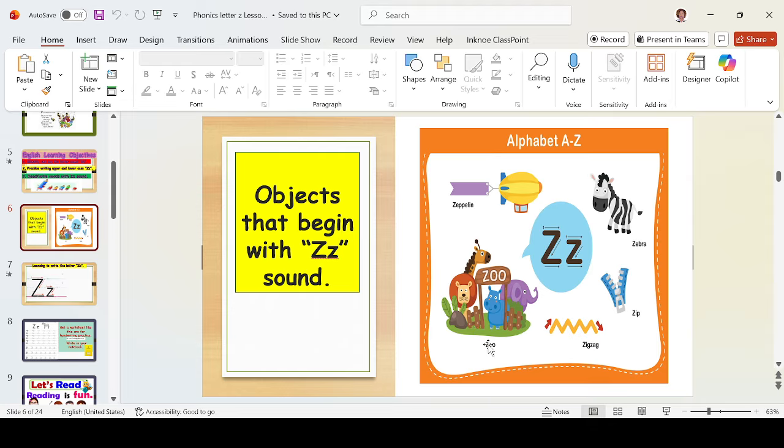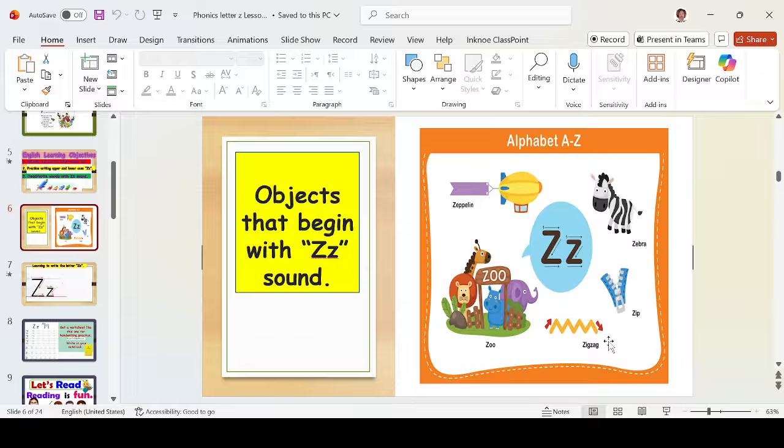Have you ever gone to the zoo? Yes, me too. And what did you see in the zoo? The elephant, the zebra, right? Okay, and look at these lines. What type of lines are these ones? Can you see? Zigzag. Okay, zigzag.